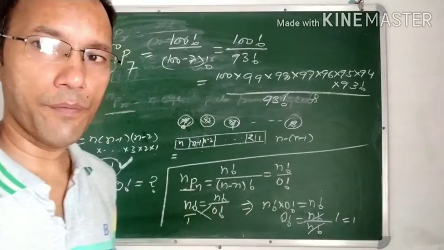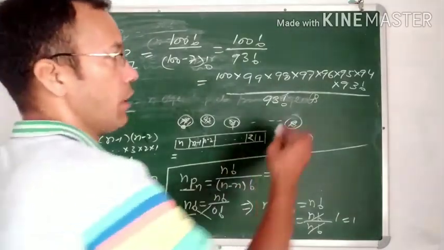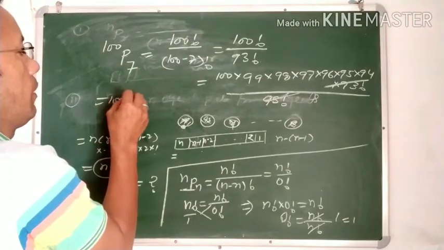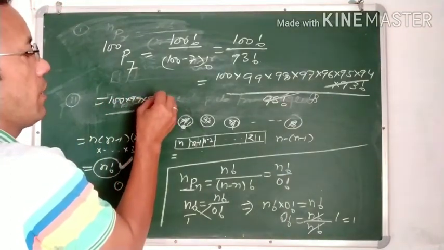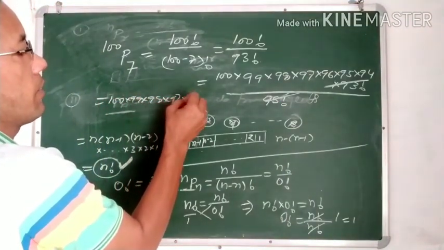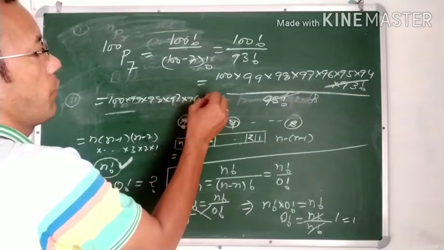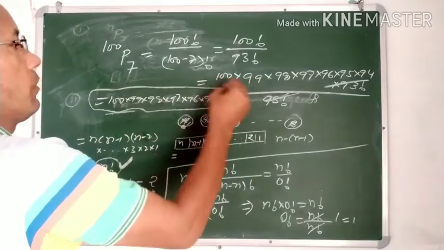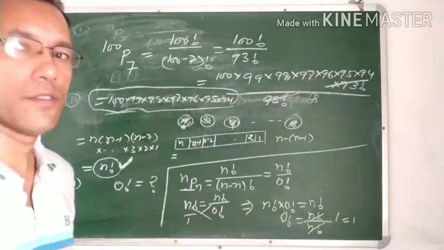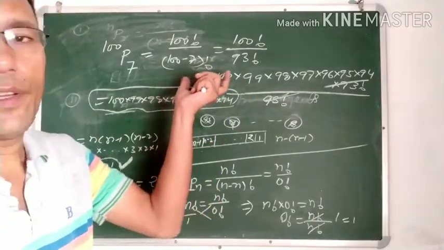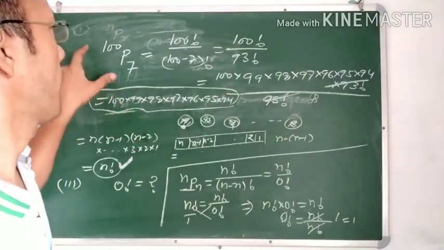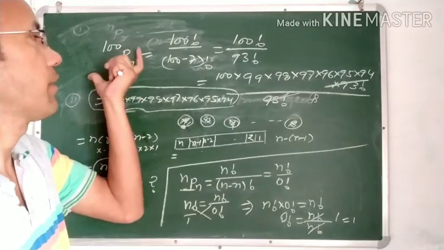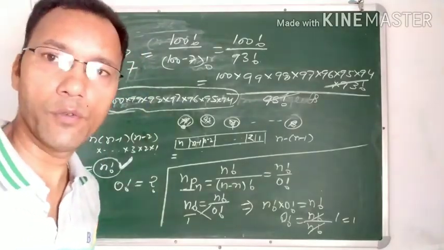These two terms cancel out, so the answer is 100 into 99 into 98 into 97 into 96 into 95 into 94, right? Now you can work out the exact answer. For word problems you can leave the answer in permutation form. Thank you students.